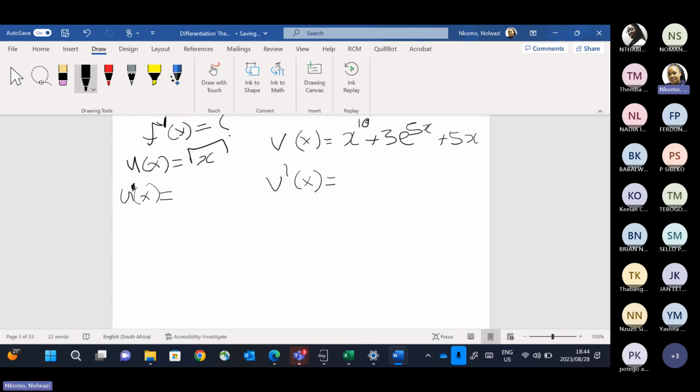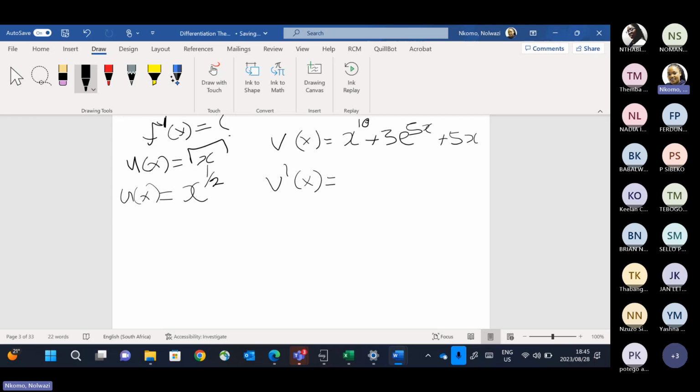Okay. Remember, from the hints I gave you last time, I said if you are given a function like this, you need to first convert the square root, convert this function into a power function. If you convert it, you'll have your u at x as x to the power a half, right?